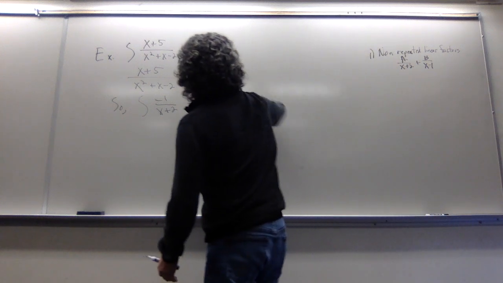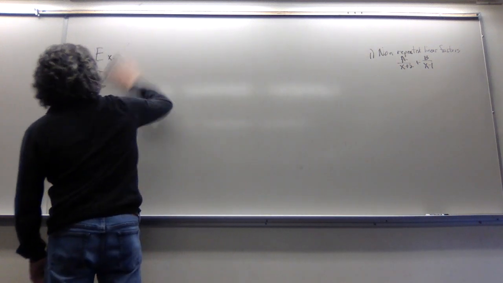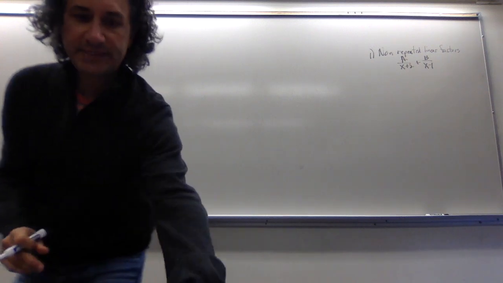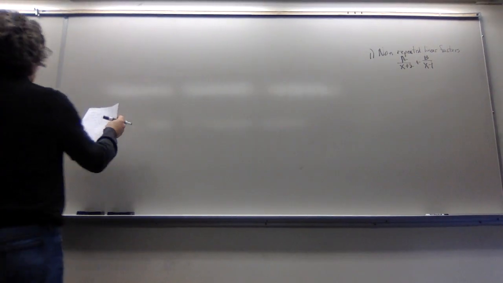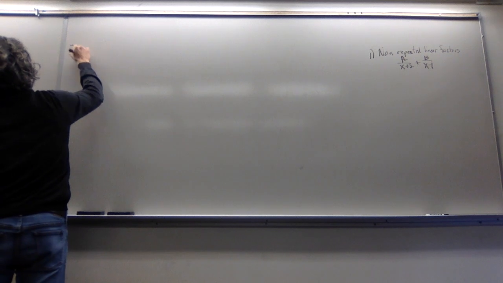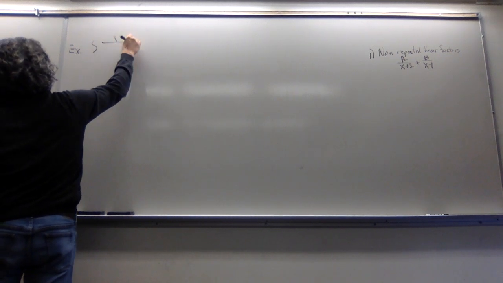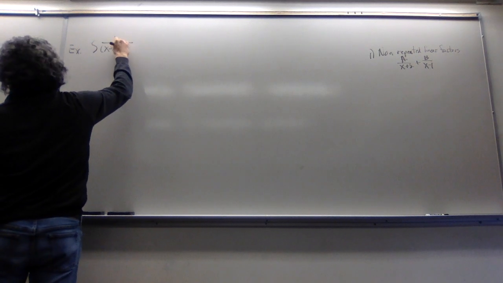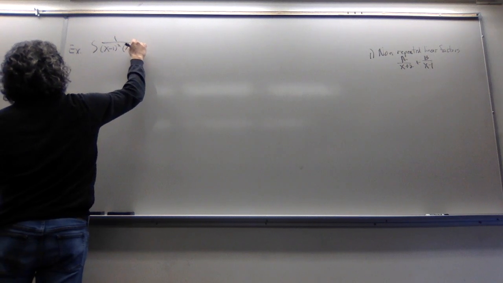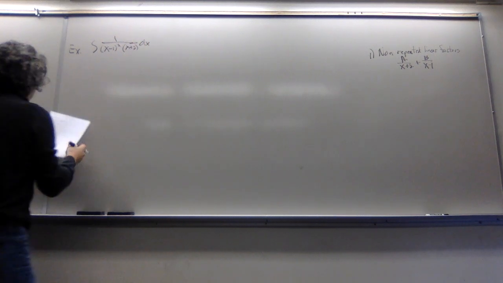We have 3 separate cases that we're going to be looking at today. The second one is when we have a repeated linear factor. So let's say I have the integral of 1 over x minus 1 squared times x plus 2 dx.